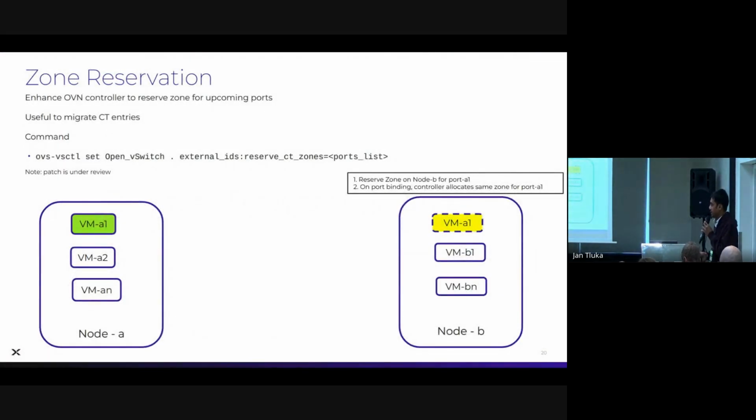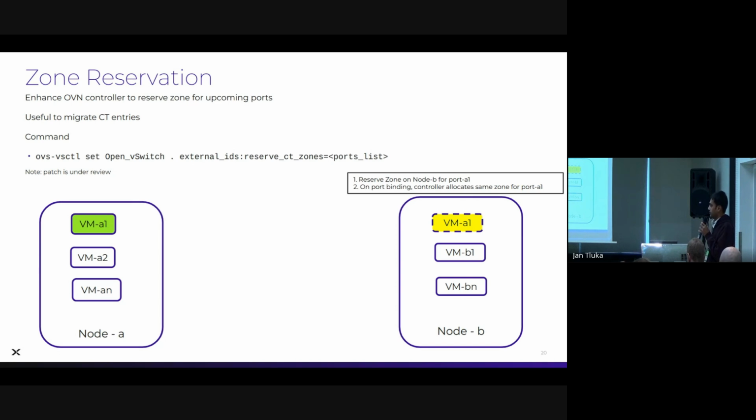We have a use case where we want to reserve the CT zone upfront in the OVN controller, for the ports that will get deployed in the future.